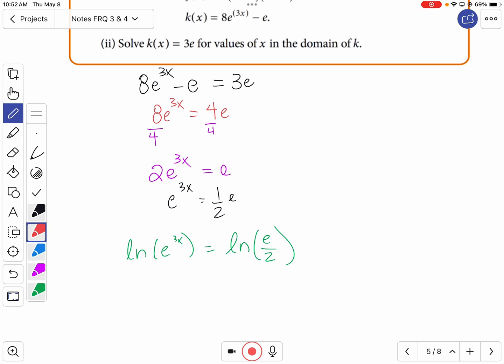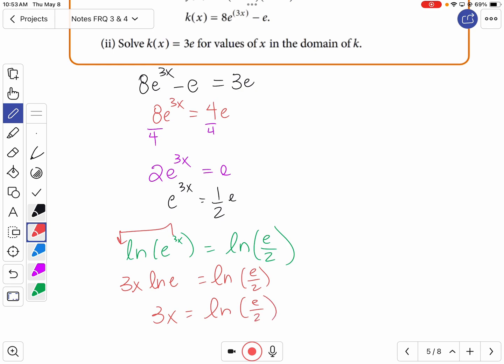What could I do with that 3x? I could move it to the front. And how much is the natural log of e? It's just 1. So I get 3x equals the natural log of e over 2.